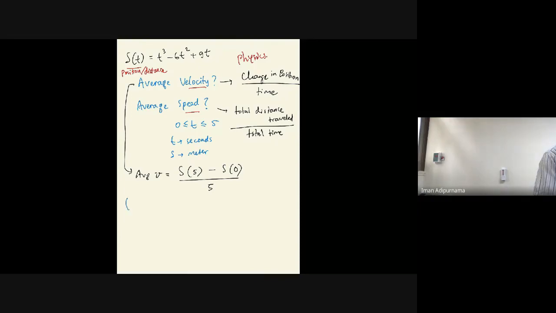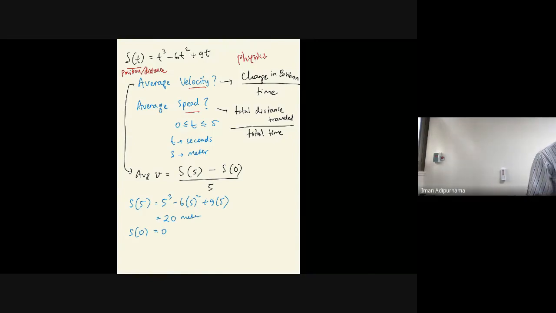Let's check our s(5). 125 minus 150 plus 45, that's 20 meters. And s(0) is just 0.